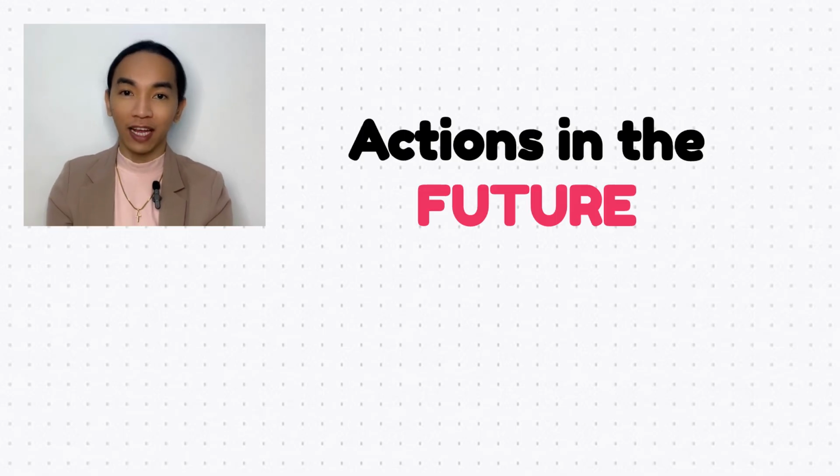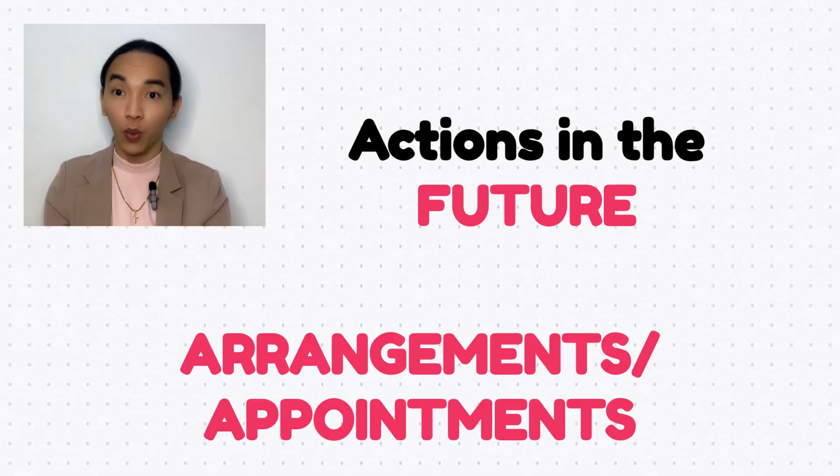Perfect. Okay? Now let's talk about the second usage of the present continuous tense. So for this one, we can use the present continuous tense when we want to talk about a future action, especially if it's an arrangement. What does it mean?